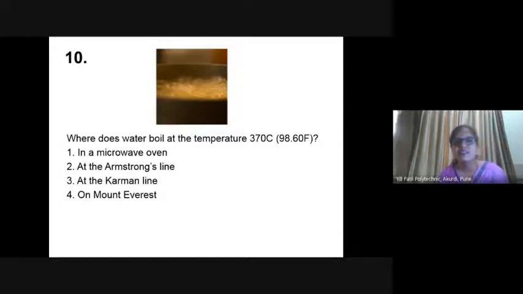Where does water boil at the temperature 37 degrees Celsius? That is not 370, 37 degrees Celsius, or 98.6 Fahrenheit. First, in a microwave oven. Second, at the Armstrong's line. Third, at the Kármán line. Fourth, on Mount Everest.